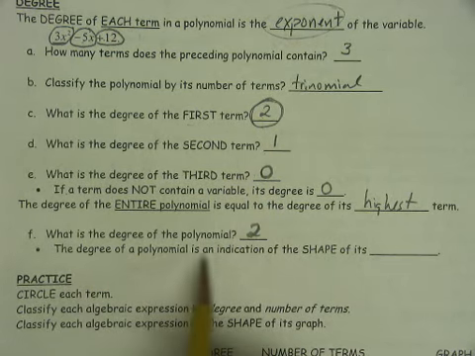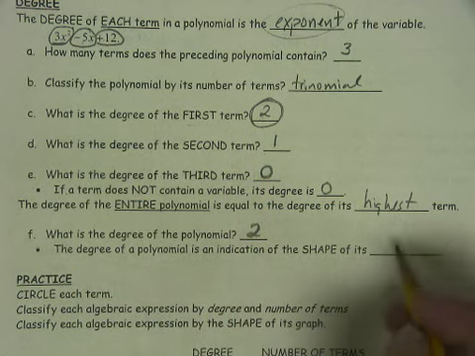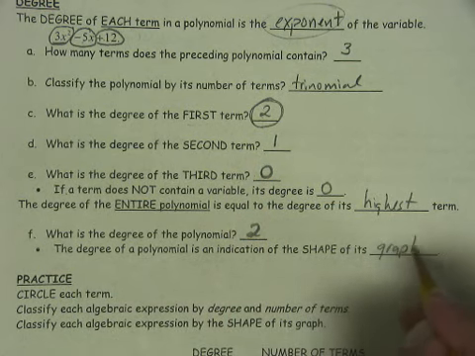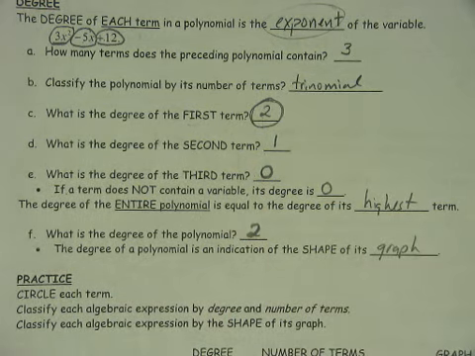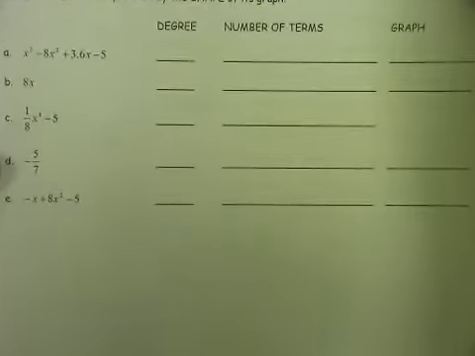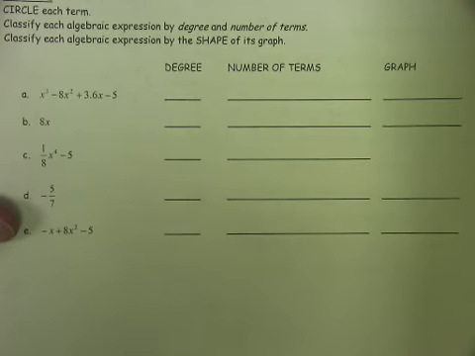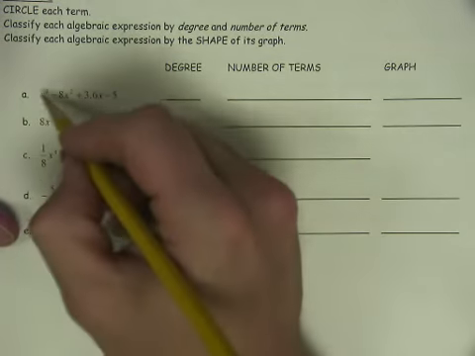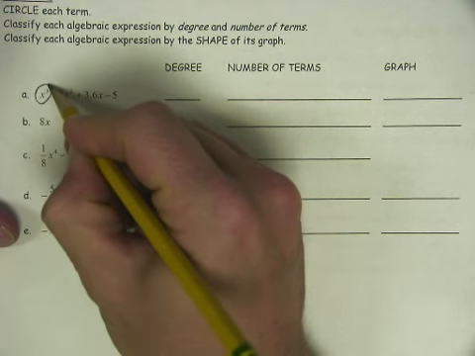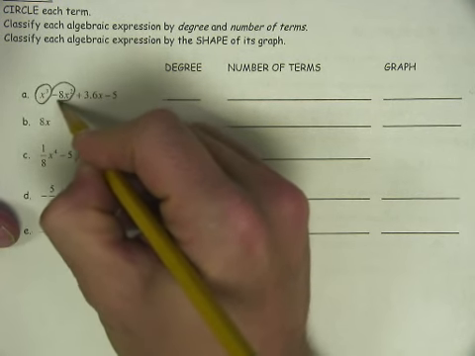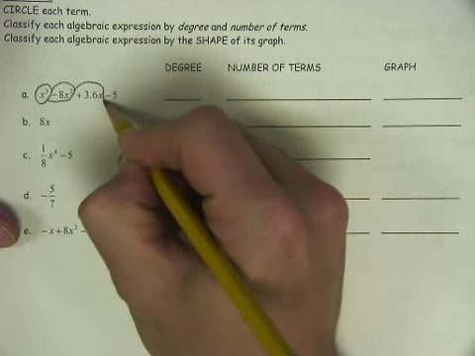So the degree of the polynomial is also an indication of the shape of its graph. We did that a couple lessons ago, and we're going to review that in just a moment. So let's go through and see if we can do these examples right here. The first part of the direction says circle each term. So we'll circle the terms. I'm just going to go through all of them and circle the terms.